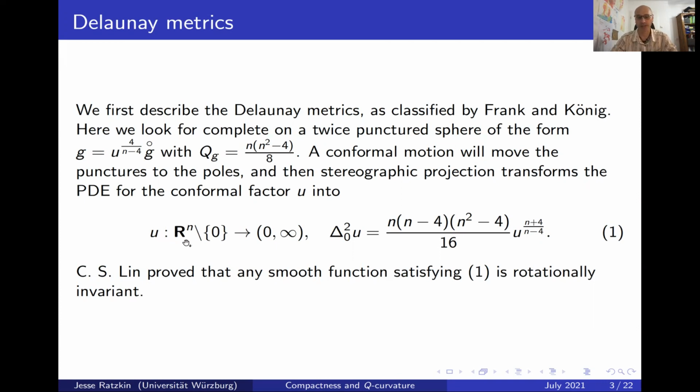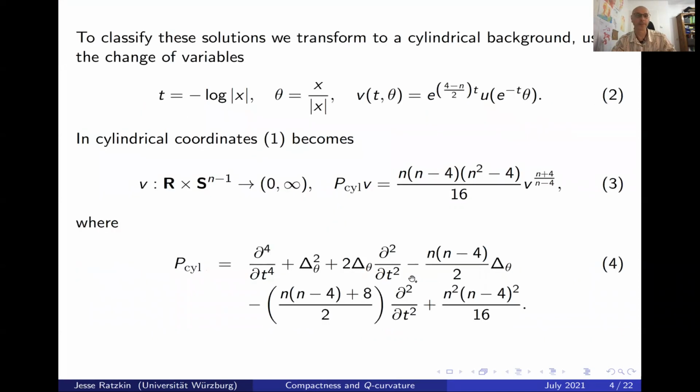After I do that, I obtain a function on R^n minus the origin, which satisfies this PDE: the bi-Laplacian of u is a dimensional constant times u to the (n+4)/(n-4). And C.S. Lin proved in the late 1990s that any function satisfying this equation is going to be rotationally invariant.